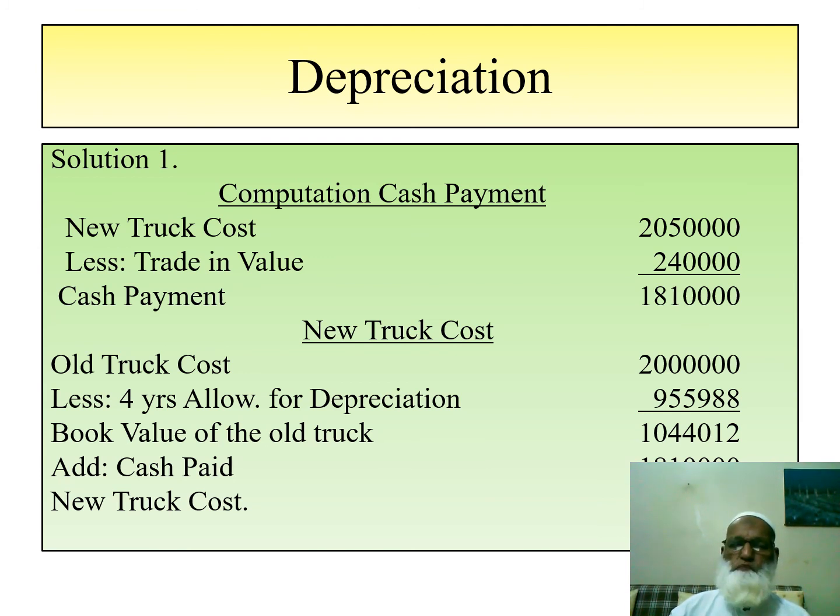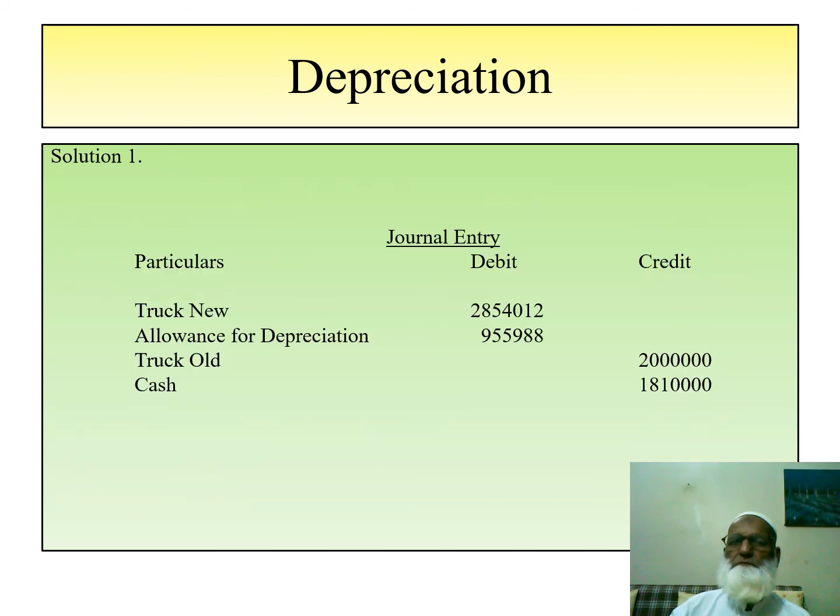Okay, now we go to the next slide. This is the journal entry to remove the old truck from the books of accounts and to enter the new truck. The new truck cost calculated in the previous slide is 2,854,012.